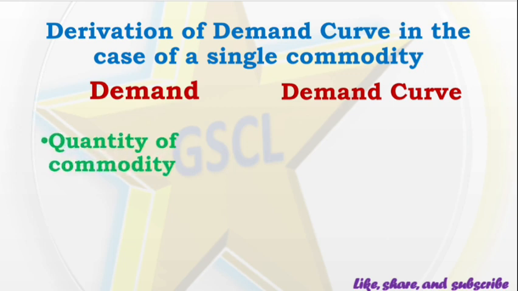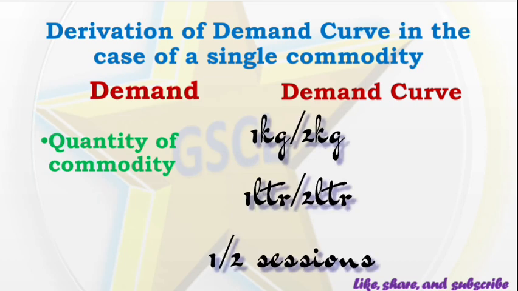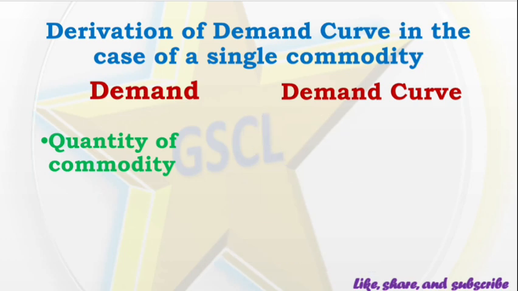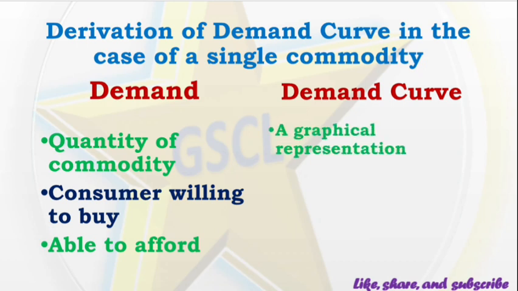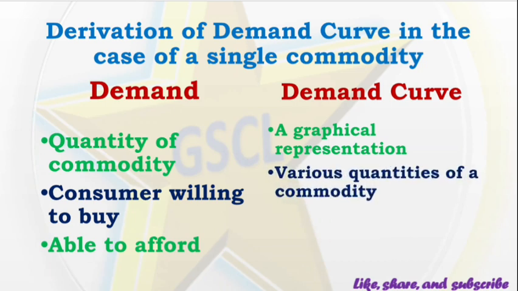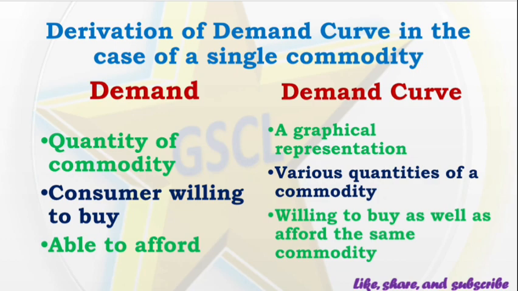Demand is the quantity of a commodity in terms of 1 or 2, such as 1 kg or 2 kg, 1 liter or 2 liters, 1 session or 2 sessions, etc. The quantity of a good the consumer is willing to buy and purchases because he or she is capable of affording it is demand. The demand curve is a graphical representation that shows the quantities of a commodity purchased at a particular price.